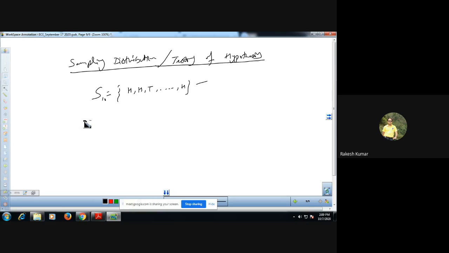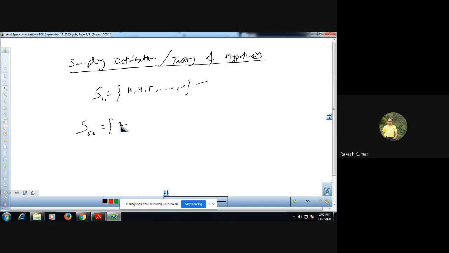And the number of items in the sample is called the sample size. We can also take the sample of a class of students. Suppose there are 50 students in the class, and they have scored marks in the mathematics test out of 100.